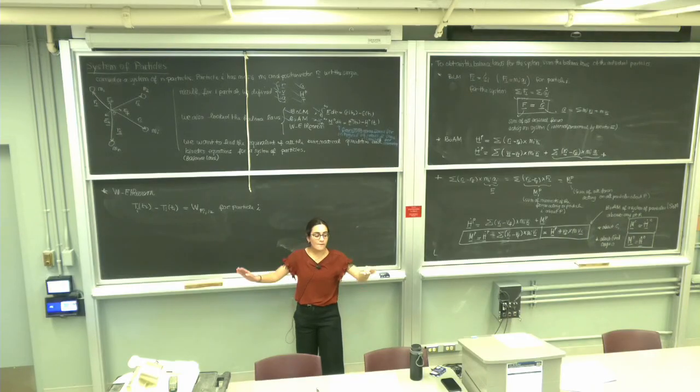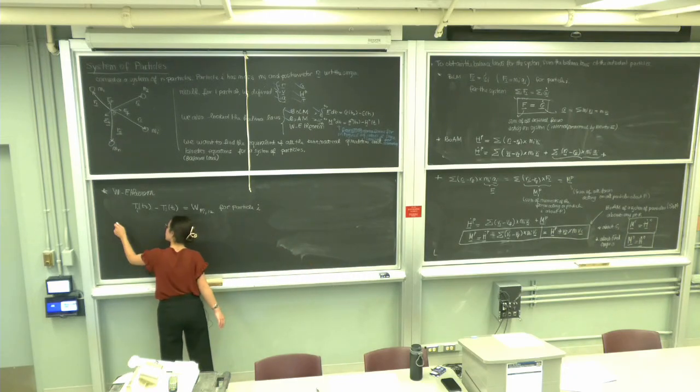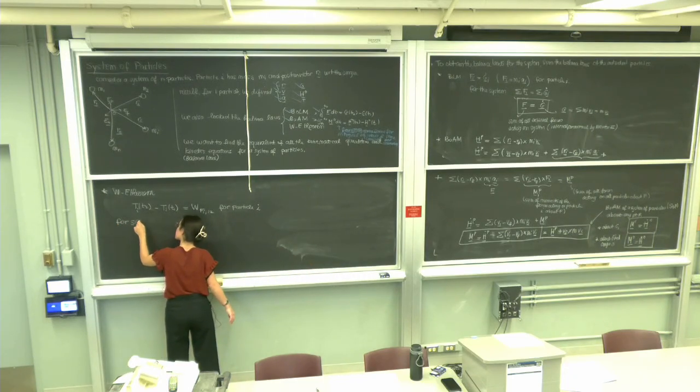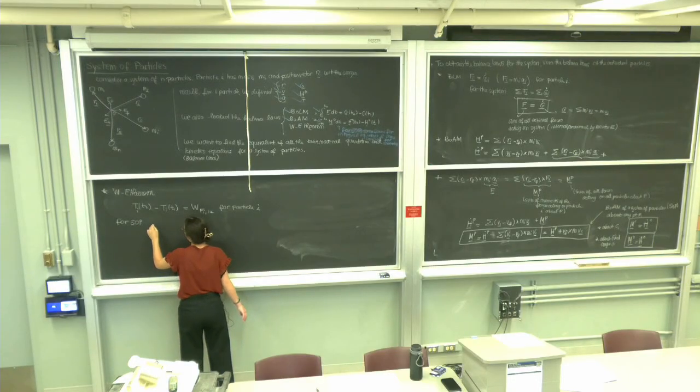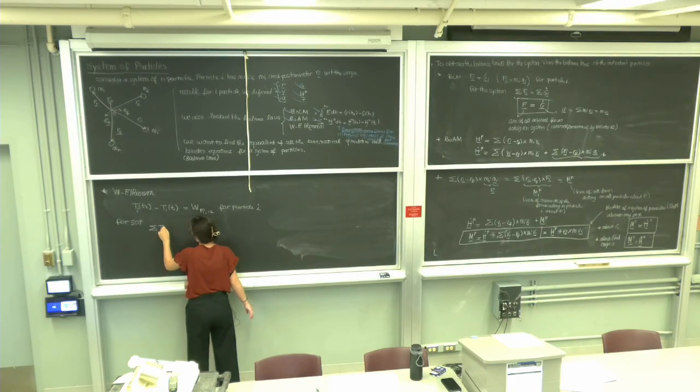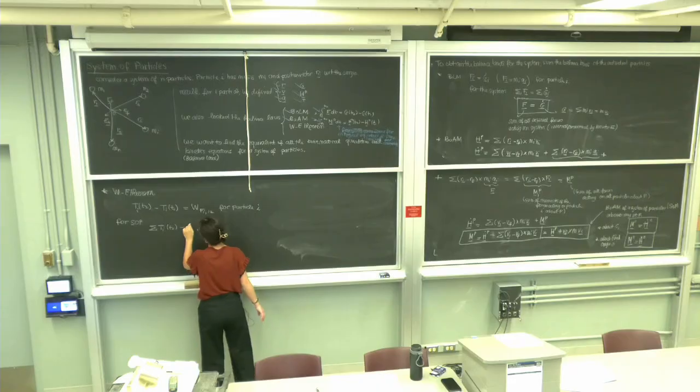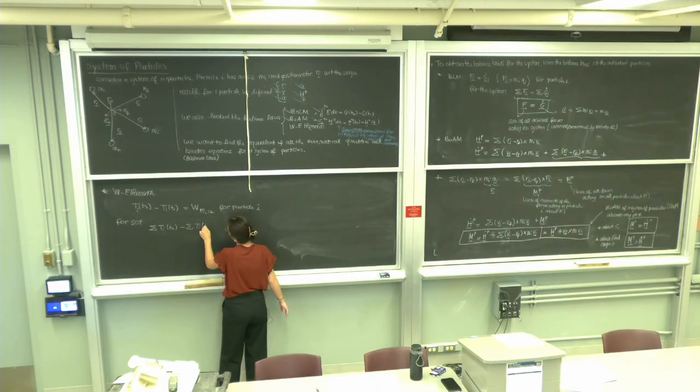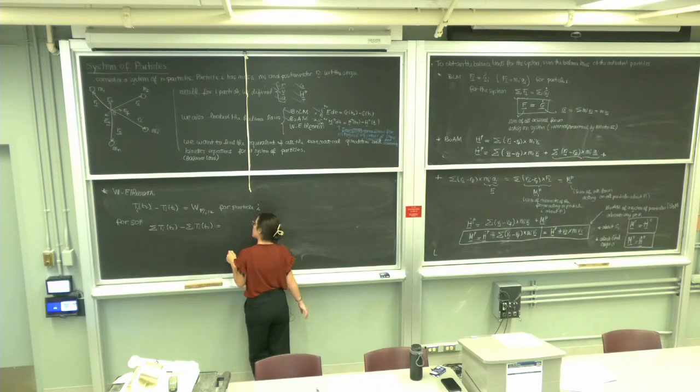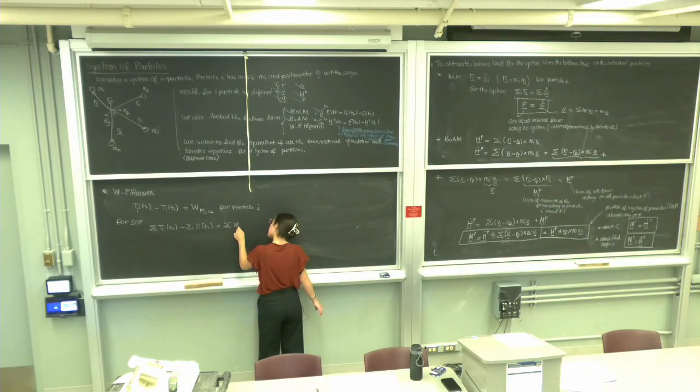And then for the whole system, we sum the work energy theorem equation for each particle. So we get the sum of Ti at T2 minus the sum of Ti at T1 is equal to the sum of the work of the forces 1 to 2.